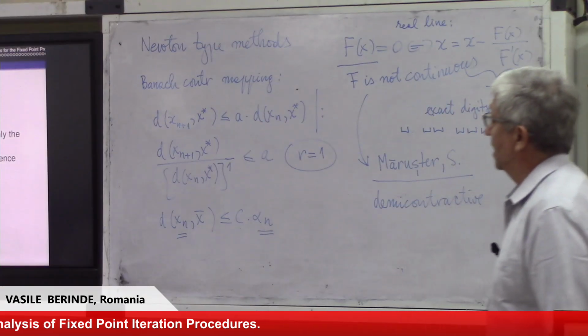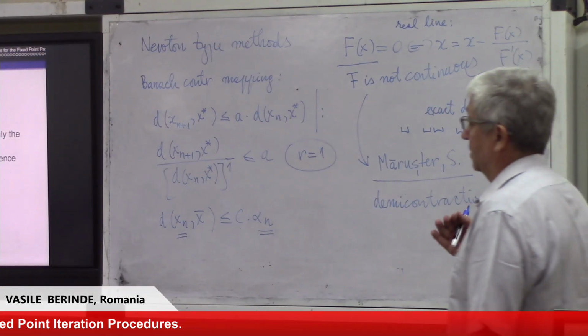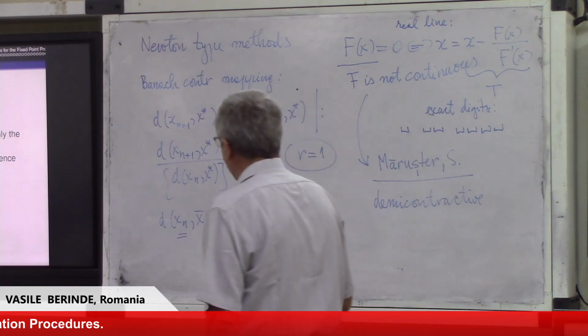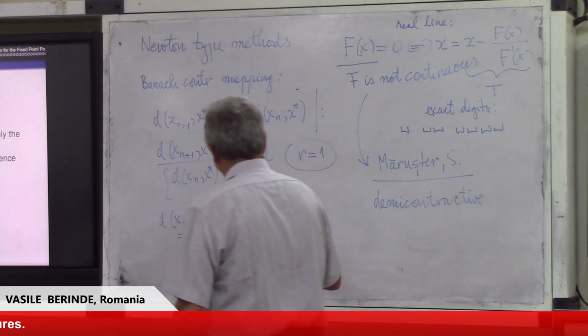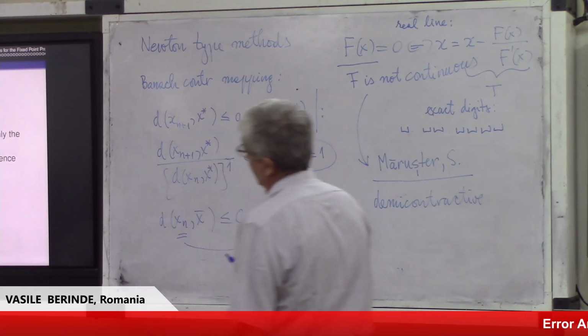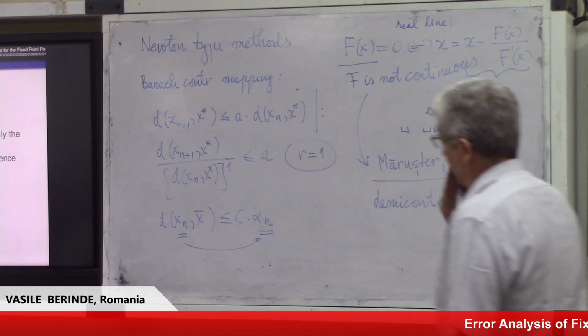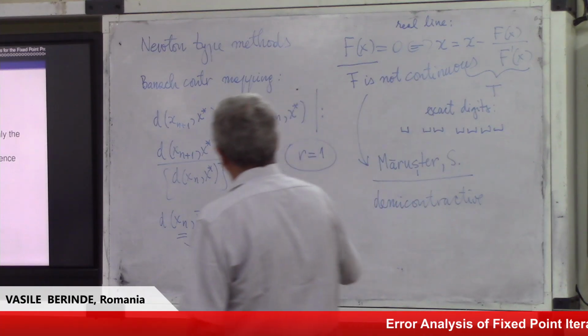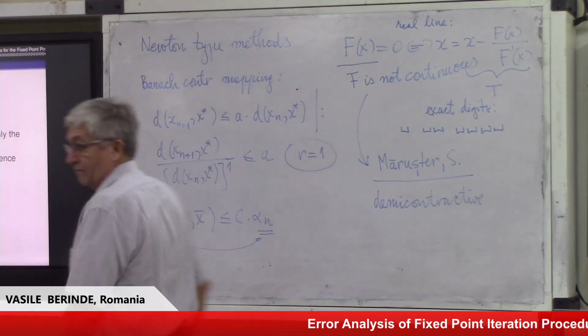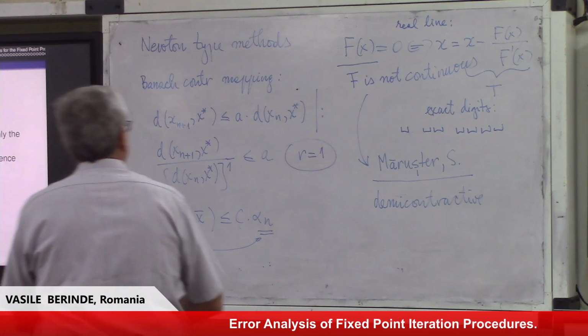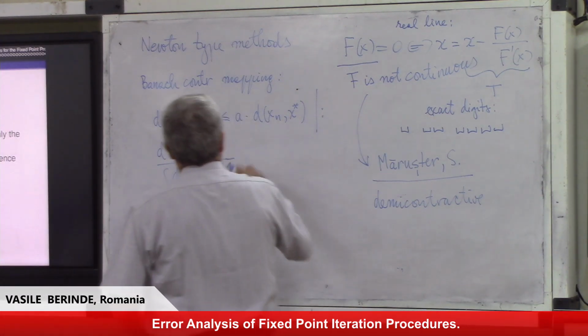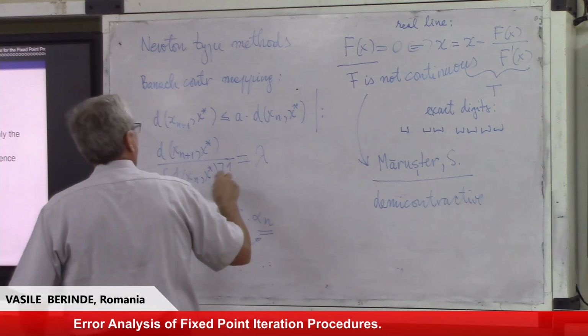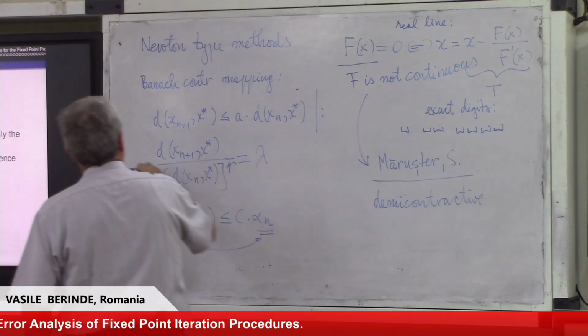And we say that this is a relative rate of convergence. Why relative? Because it relates to the convergence of this alpha_n. The second concept, if I change it a little bit, I'll have it here. And here is R.